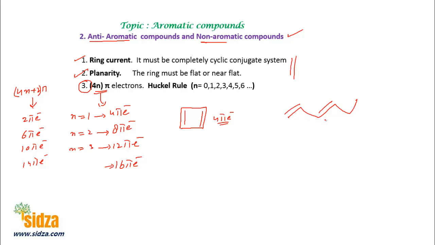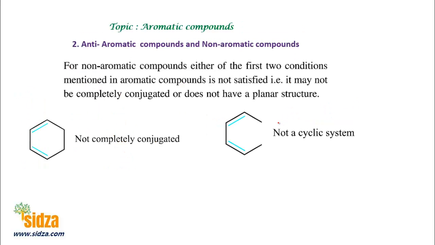It's non-aromatic, right? So if it doesn't fulfill the first two conditions, then you can say it's a non-aromatic compound. Like this one, this is cyclic, but this is not completely conjugated, right? We have a double, single, double, but this part is not a conjugated system here. So therefore you can call it a non-aromatic compound.